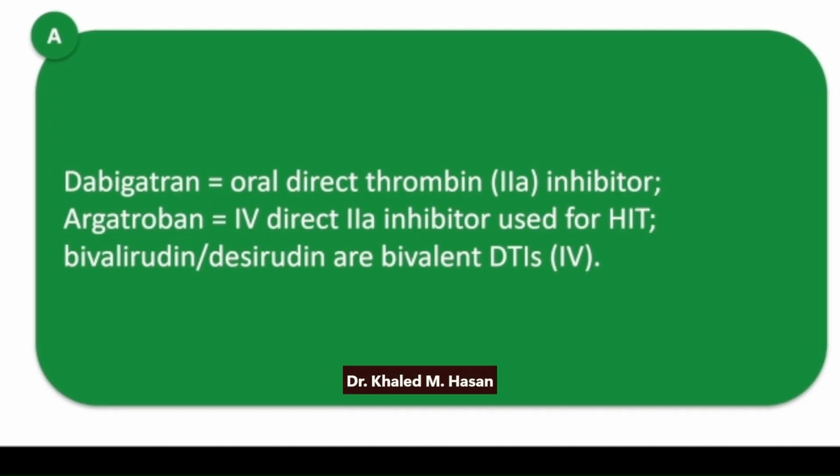Then we move to Argatroban, prescribed IV, a direct inhibitor of factor 2, and we use it for HIT. So this group of medication, Dabigatran and Argatroban, we use for patients with heparin-induced thrombocytopenia.